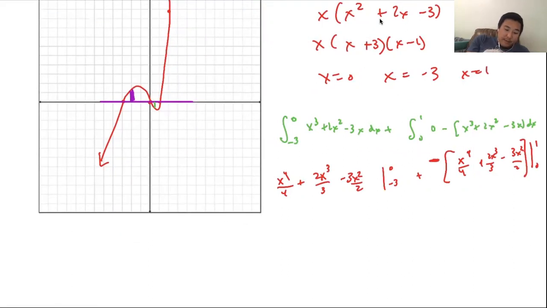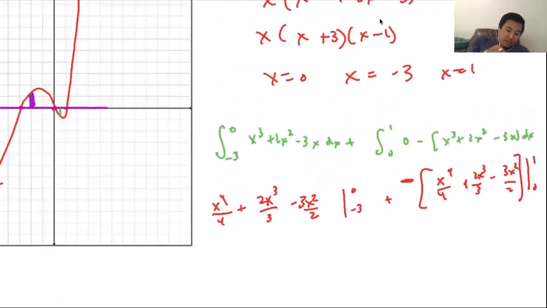Plug in 0, it turns into 0, plug in negative 3. I'm just typing this into a calculator.